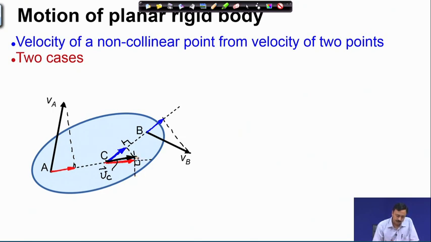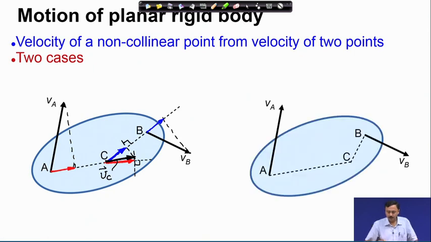Wherever these perpendiculars intersect, that point joined with the point, here it is C, gives us the velocity of point C. The reason is clear. This black vector must have projection along AC as the red vector, and projection along CB as the blue vector. So, we have this construction. Let us move on.